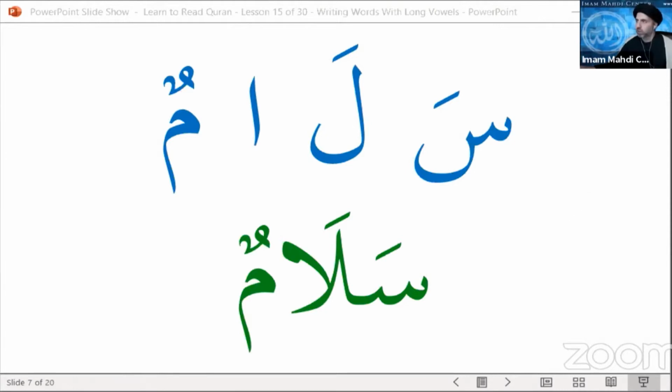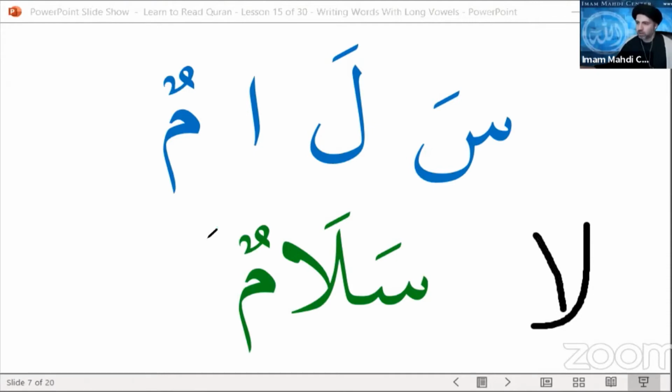So now we're going to write this all together. So the seen changes to its lowercase form. Now this you'll see throughout the Quran, that whenever there is a lam and it's followed by an alif, when they're read, usually you'll see them, when they're in the same word, they're going to be written like this.